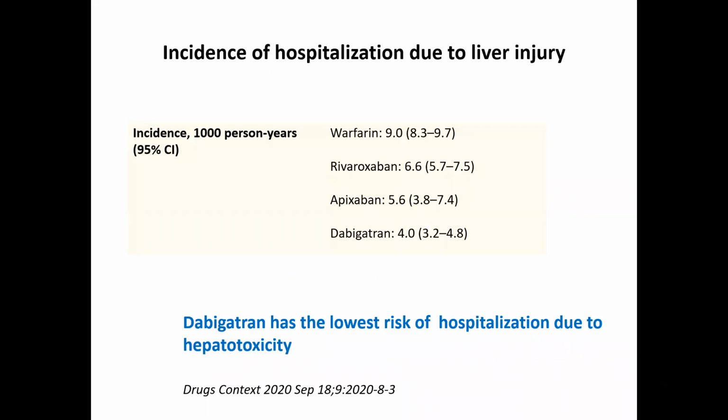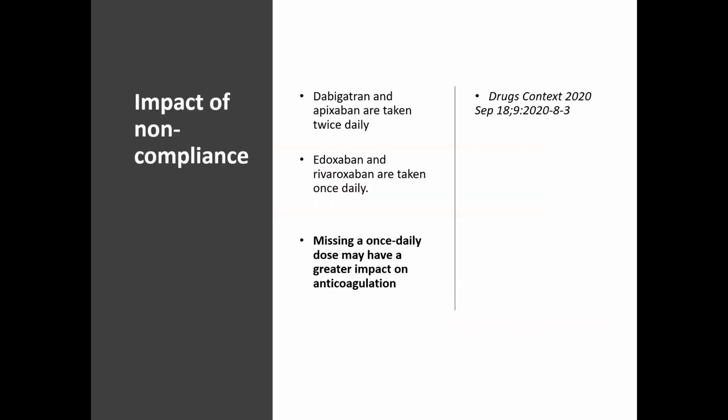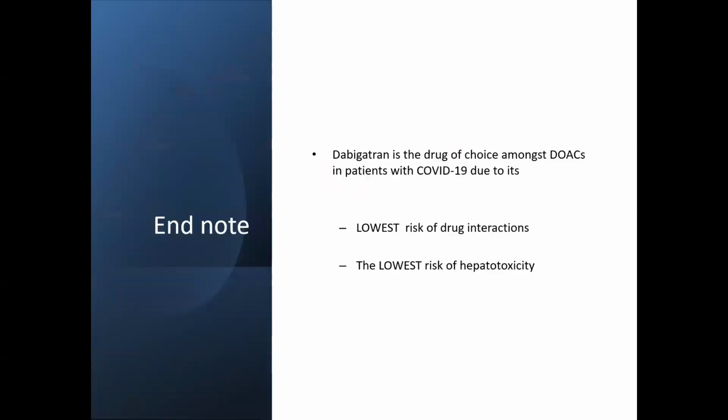Incidence of hospitalization due to liver injury, once again, the same data is being presented. Dabigatran has the lowest risk. Now we need to understand impact of non-compliance. At times, patient forgets to take medicine. So if I have a drug which is being given twice daily, probably non-compliance will not be an issue.